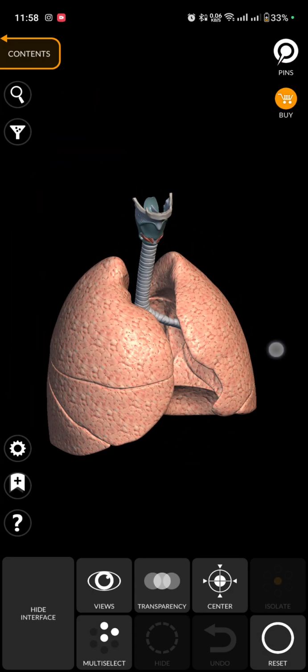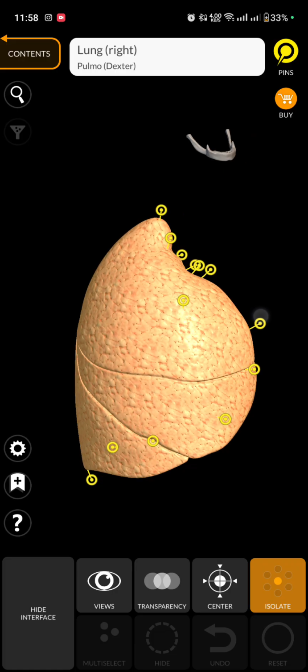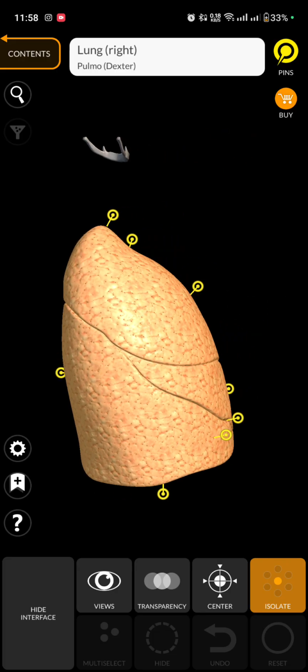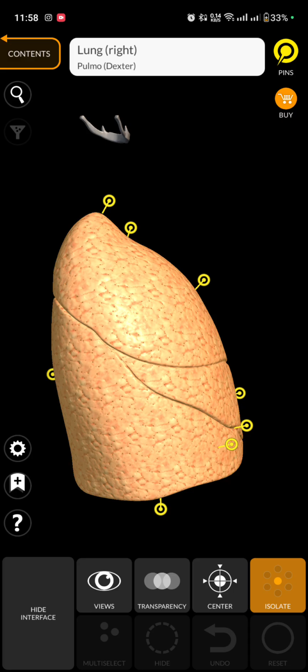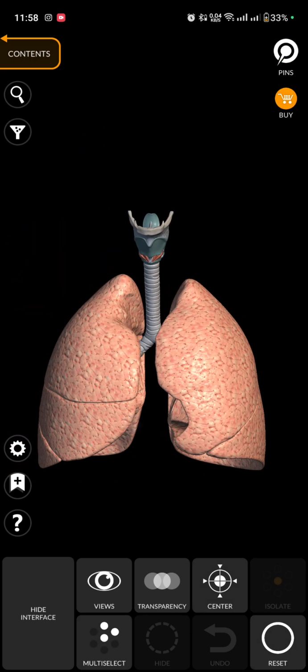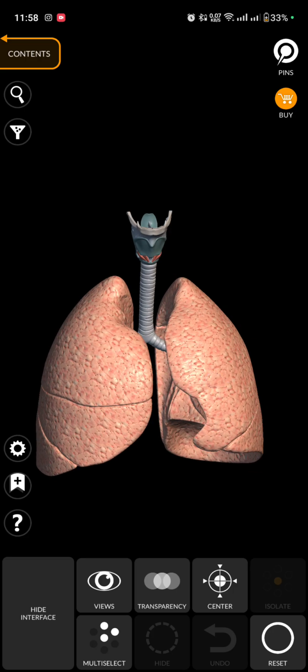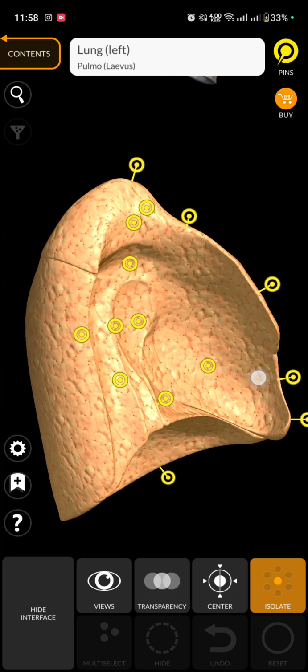If we isolate the right lung, we will see that there is a small notch type of area over here. This small notch is actually the depression caused by the first costal rib. Now, since the lung has two surfaces, the costal surface and the medial surface, the medial surface also has two parts.